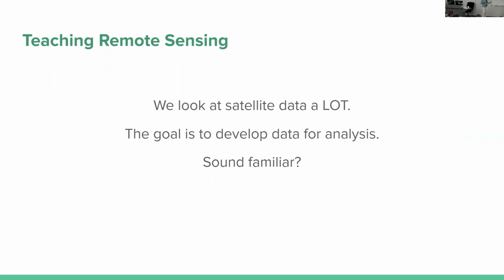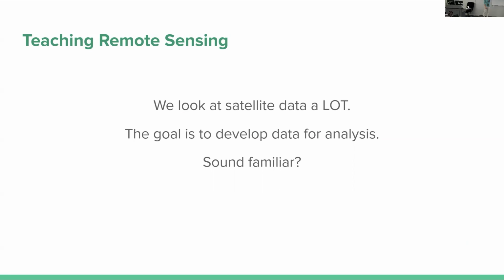And so I teach a remote sensing class. Most of it is physics of the electromagnetic spectrum and what we do to create raster data that ends up being that satellite data that we trace and create data off of. We look at satellite data a lot, and then we create usable data for analysis off of that satellite data.